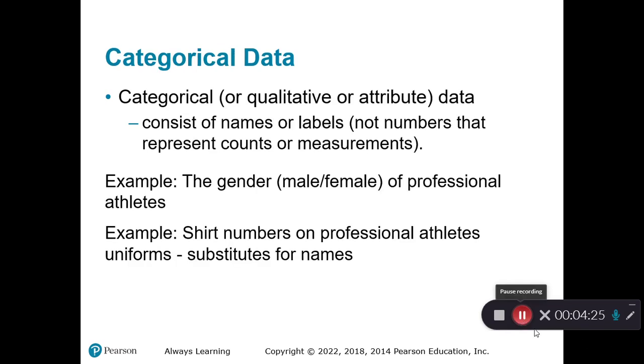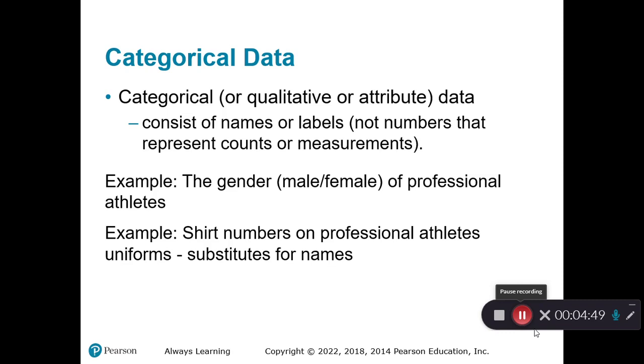The other big bucket of what data can fall under is qualitative, also known as categorical data. The title should give you some clues. This is data that can fall into one of several categories. So we're no longer talking about counts. We're no longer talking about numerical measurements.